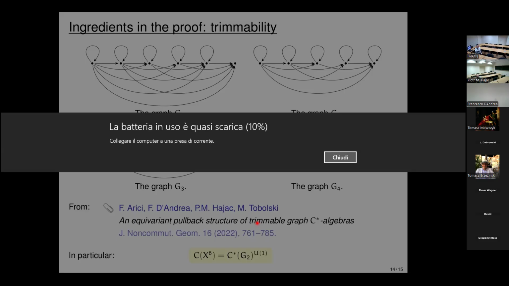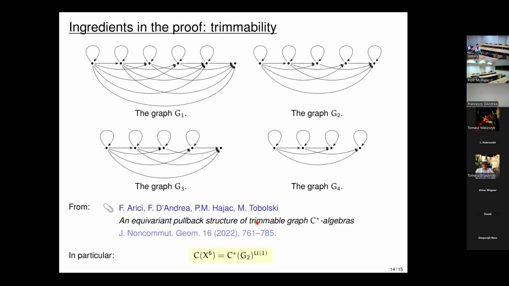Otherwise, my computer will be dead soon. Yes, now it's working. Okay, so this is why I like the description of the Grassmannian as core of something, because then for this kind of CW structure, we only need this theorem about the trimmability of graph C*-algebras. And we take this theorem and we use it like 5 or 6 times, basically. This is what we do.